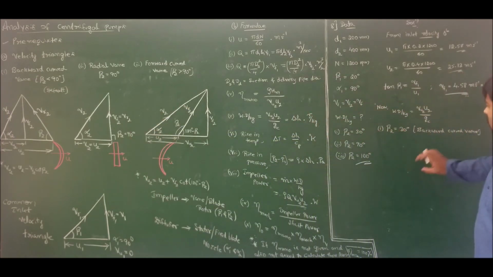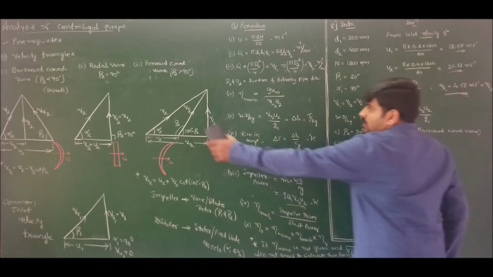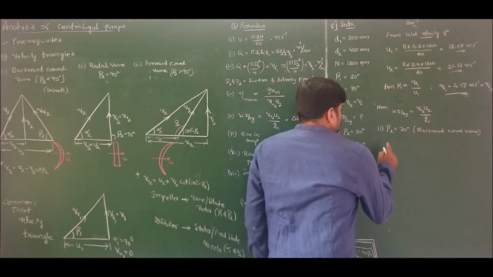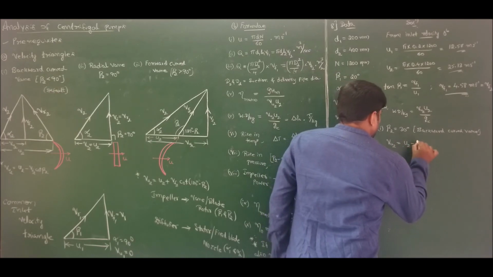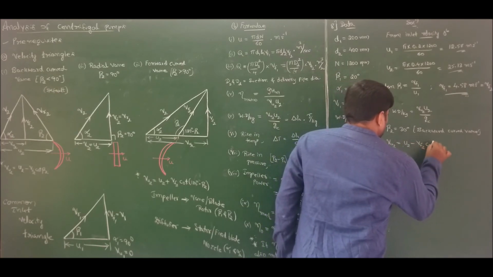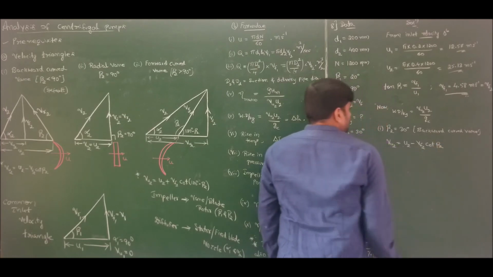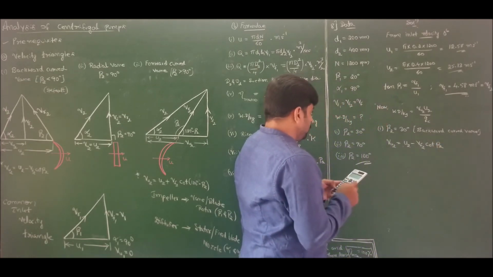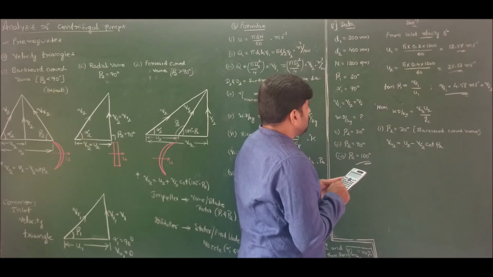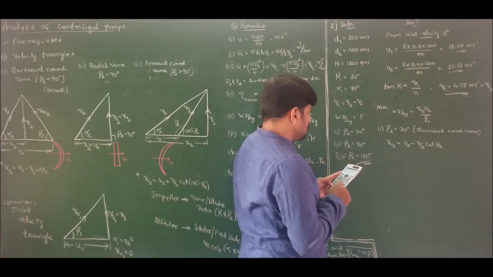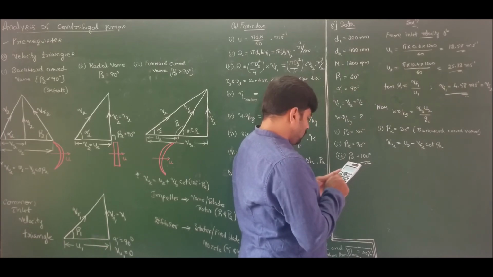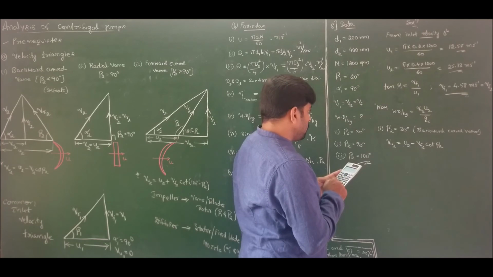You should draw the backward curved vane here, and you know the value of Vu2. So Vu2 is given by u2 minus Vf2 cot beta 2. Therefore Vu2 will be u2, known to us as 25.13, minus Vf, which is constant 4.58, into 1 divided by tan of beta 2, 30 degrees.